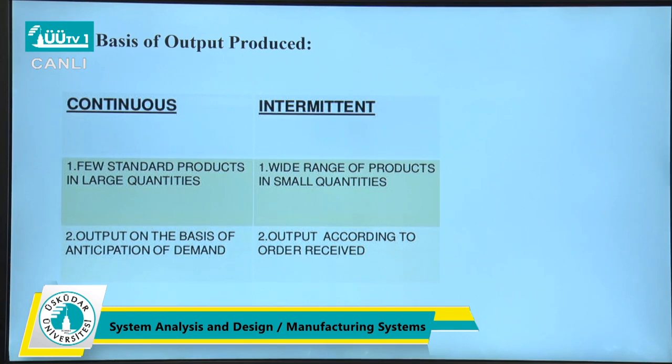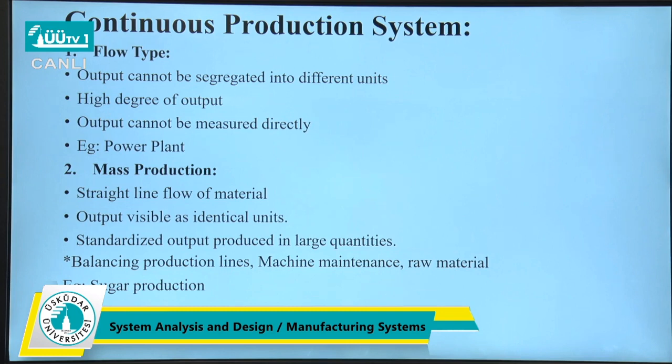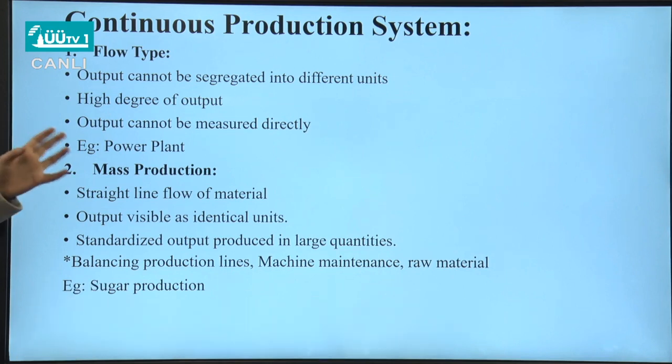So at the continuous side, the output is on the basis of anticipation of demand, and at the intermittent side, output according to order received. So here we just listed the characteristic features of the continuous production system and the intermittent production system as we encounter in the manufacturing system.